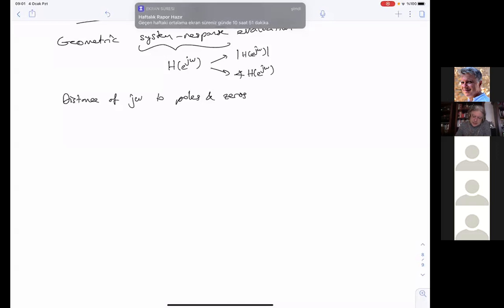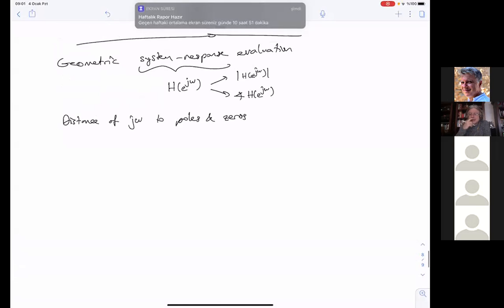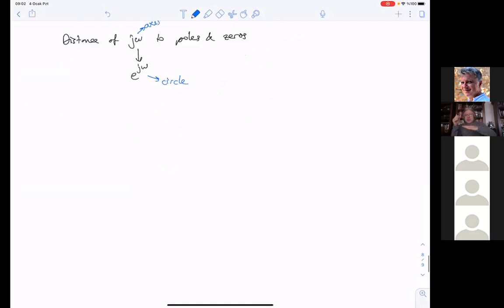You may remember that the situation for the Laplace transform was the j omega axis, which was an axis. But now, this e to the j omega is a circle. For each omega value, you will be on the e to the j omega circle.